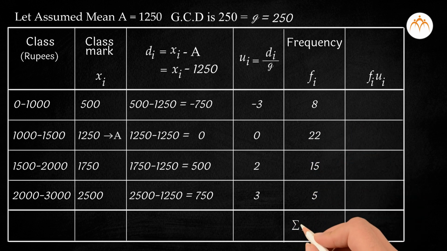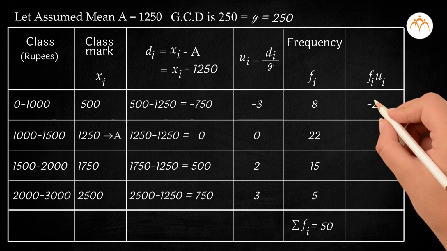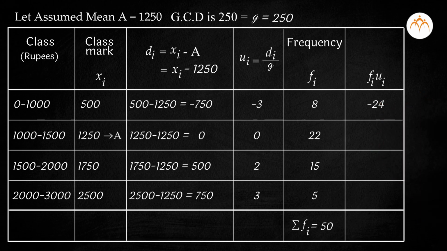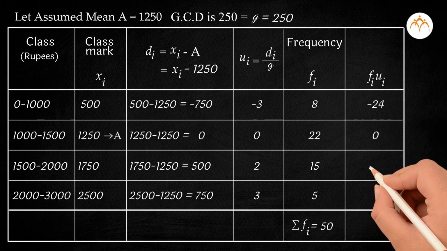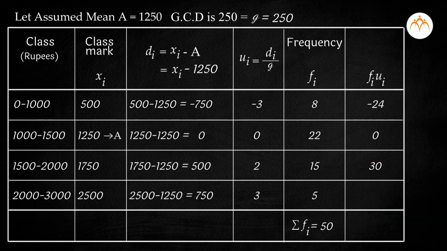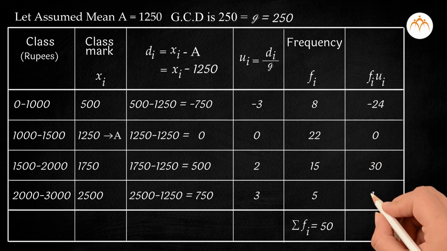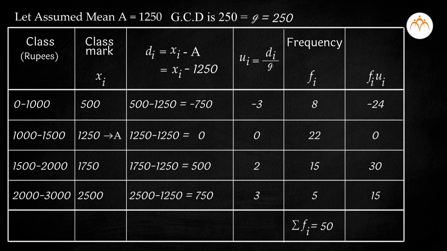Here, summation fi is equal to 50. Let's calculate fiui. Minus 3 multiplied by 8 equal to minus 24. 0 multiplied by 22 equal to 0. 2 multiplied by 15 equal to 30. 3 multiplied by 5 is equal to 15. Summation fiui is equal to 21.